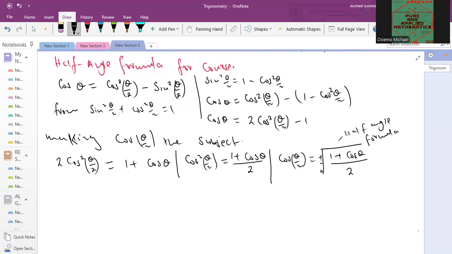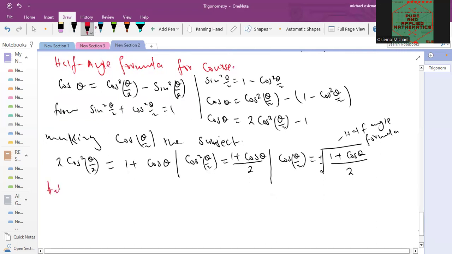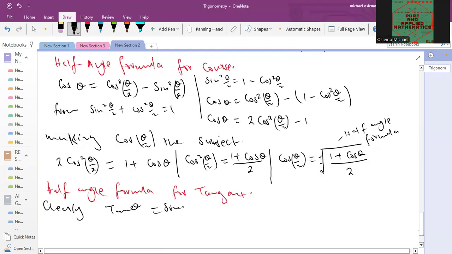So it becomes easier for us now to obtain the half angle formula for tangent, because it is simple for us to remember that tan theta is equal to sin theta over cos theta. So for tangent, clearly tan theta is equal to sin theta over cos theta.